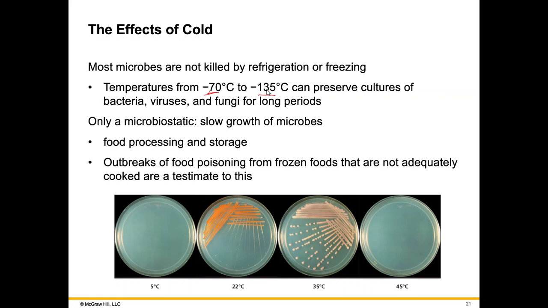This is also why when you get done with food that you eat and you want to keep some leftovers, you put it in the fridge, because it prevents any bacteria from colonizing and growing out of control on the food. So that is why you put your food in the fridge or in the freezer. So outbreaks of food poisoning from frozen foods that are not adequately cooked are a testament to this.